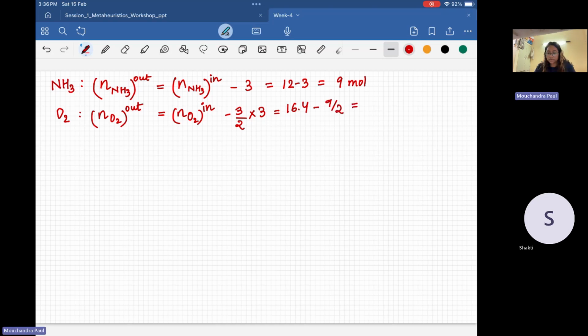If you solve this, 16.4 minus 4.5, it will be 11.9 moles.